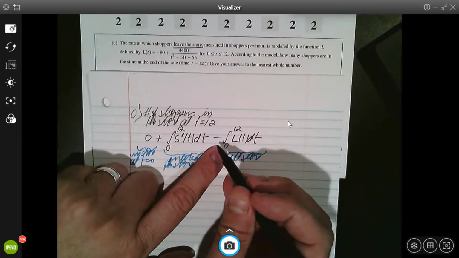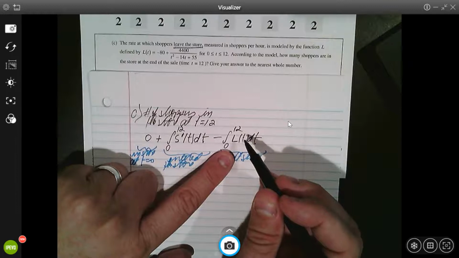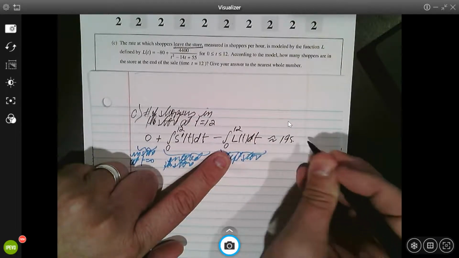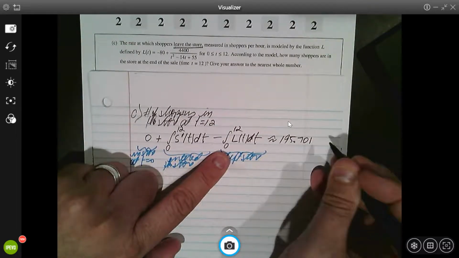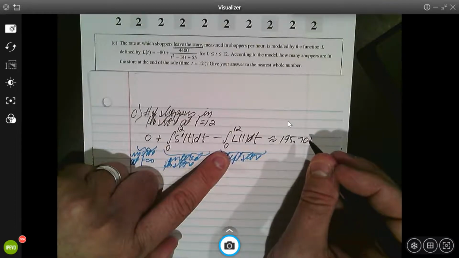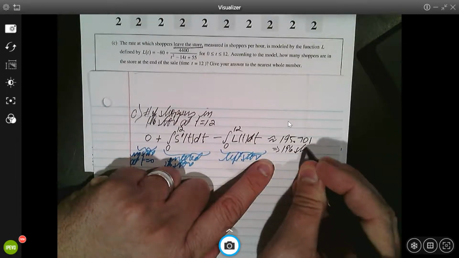You have another function for the leavers, so you can plug that in and evaluate it. And if you do that correctly, you should get 195.701. And they were asked to give the answer to the nearest whole number, so 196 shoppers.